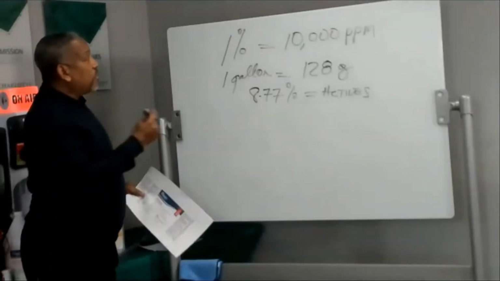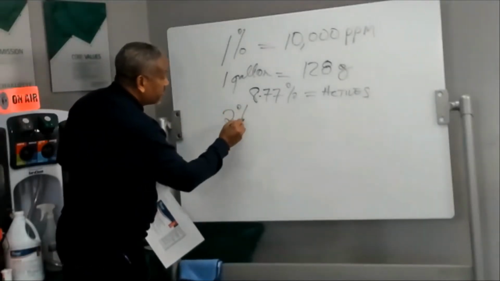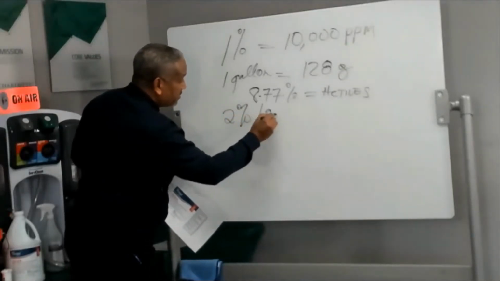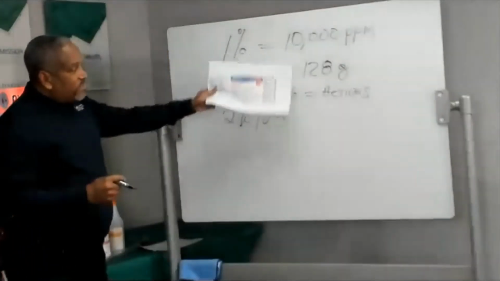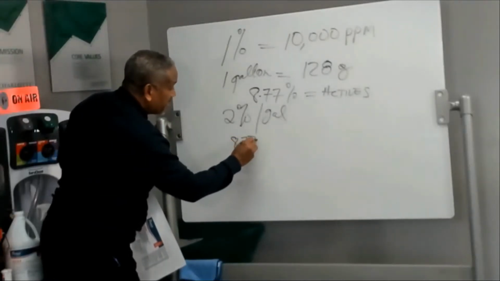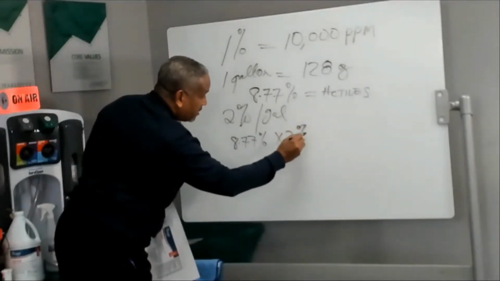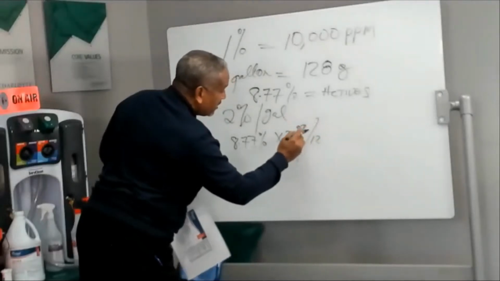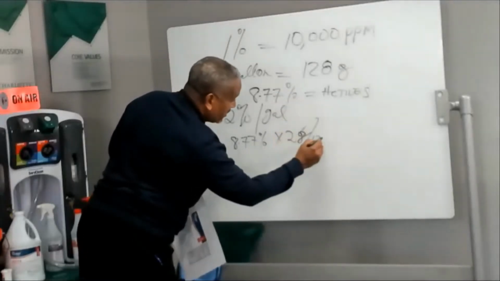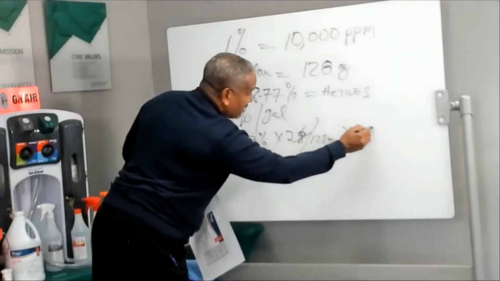Now, if the use directions for disinfection tell you that you need 2 ounces per gallon, basically what that means is you're going to have 8.77% times 2 ounces over 128 ounces times 10,000.